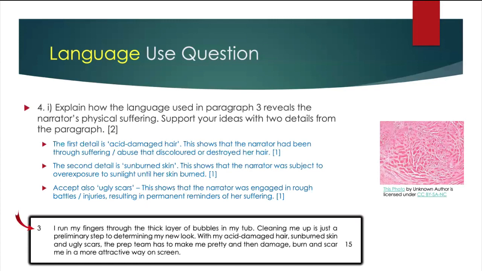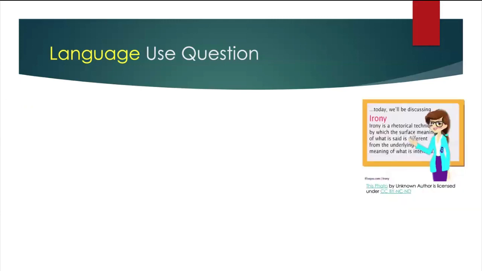Okay. So can you see now how you craft the answers for this? You need to understand ugly scars. How does it come about? You need to understand sunburned skin. What causes sunburned skin? And then similarly for acid damaged hair, how will the hair look? You get it? Okay, let's move on.